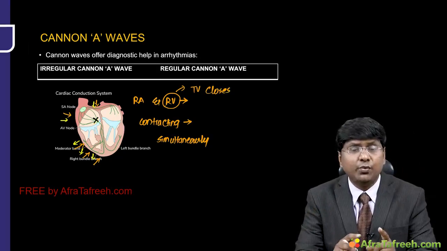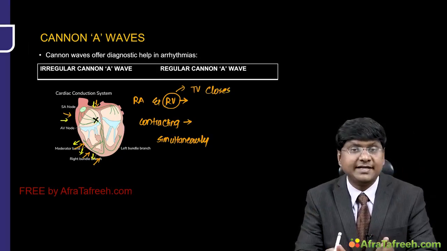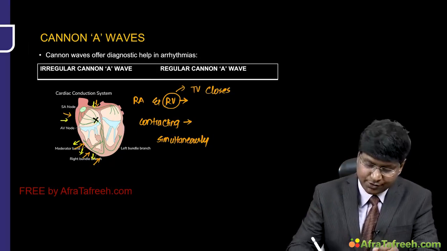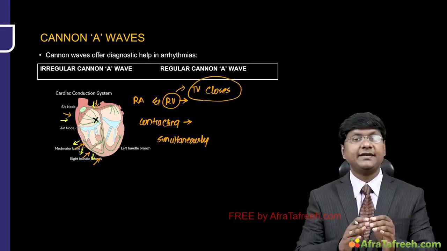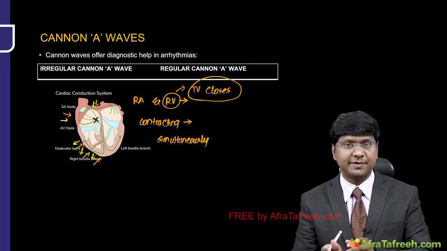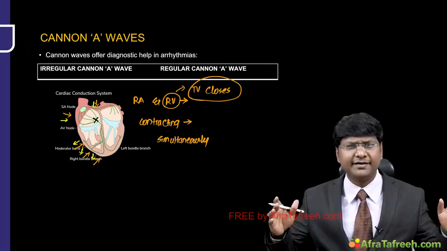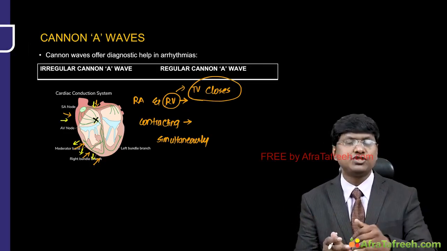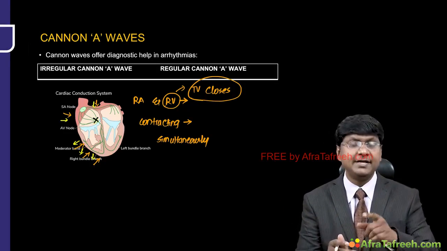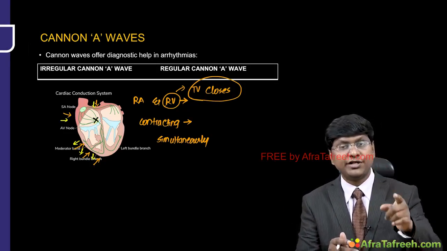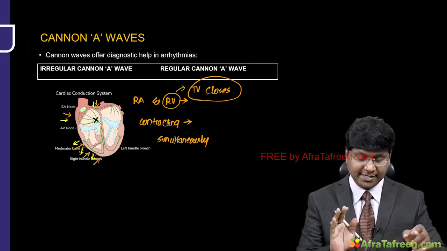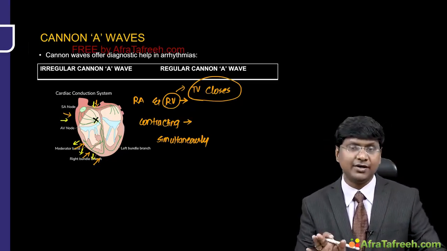Okay, so when the right atria is contracting simultaneously along with right ventricular contraction, you see how is the scenario now? The right atria has to contract against the closed tricuspid valve. So when the right atria has to contract against the closed tricuspid valve, it has to contract very strongly to push the blood into the right ventricle, and thereby the right atrial pressure will be elevated to more than or equal to 16 millimeters of mercury, and that will result in what is called the Cannon A wave.